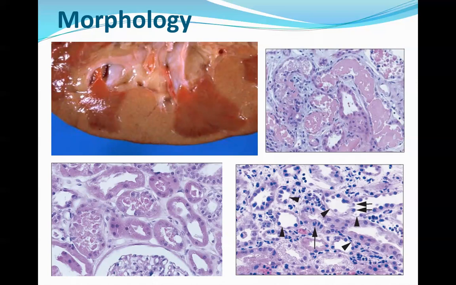This is a low power picture of the tubules, in which you can see that there is a lot of deformation of the epithelium, and the epithelium is being accumulated in the lumen, and it is causing back pressure, right? This is a high power view of the same, and you can see desquamated tubular epithelium. Plus, you see some of the cells without nuclei, means almost it is necrosed, right? Irreversible injury.